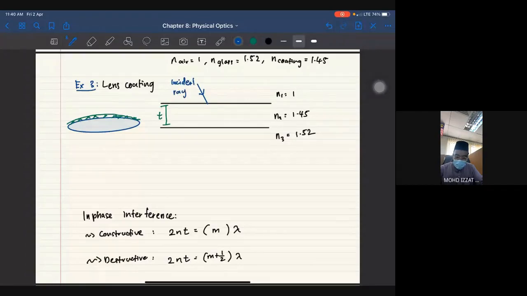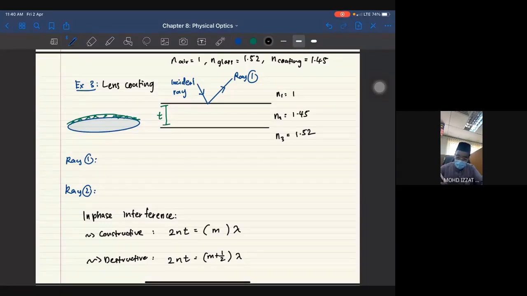Okay, for ray number 1, that is the first one being reflected, is this one. Does it undergo any phase change or not? Ray 1. Yes. Why? It moves from lower density to higher density.